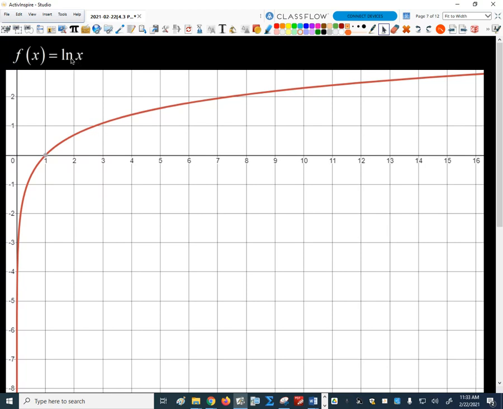X has to be greater than 0. In other words, the input to a log function has to be greater than 0. So here we have to ask ourselves, are there any values of x that would violate that? Are there any values of x that are going to make this argument of the log function something other than a positive value?